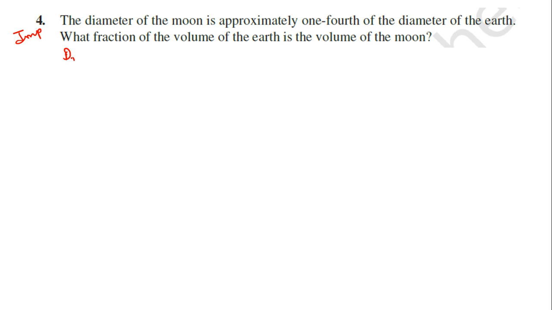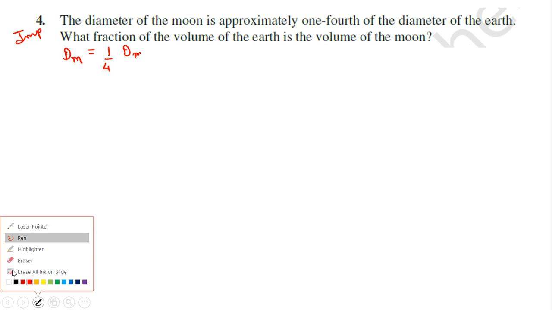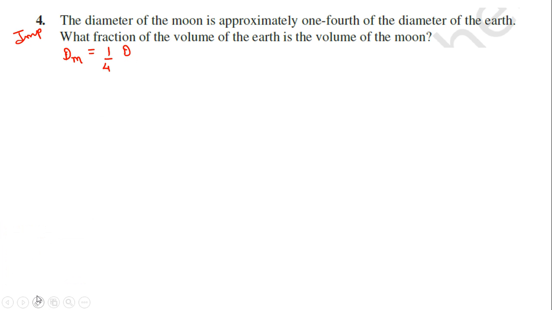Diameter of moon is one fourth of the diameter of earth, I will call it de. So you can say dm is equal to de by 4.